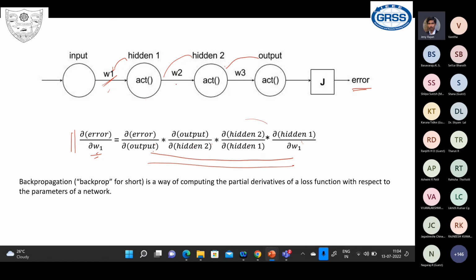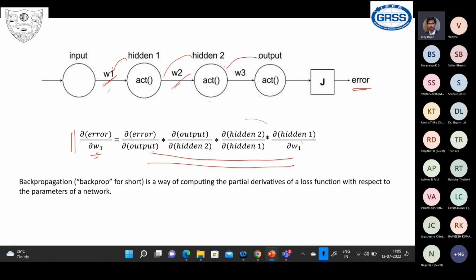For W2 also, if you want to find ∂error/∂W2, the number of terms in this weight updation formula will be less. So you can apply the derivative chain rule to derive the weight updation formula when we have multiple layers and multiple neurons.